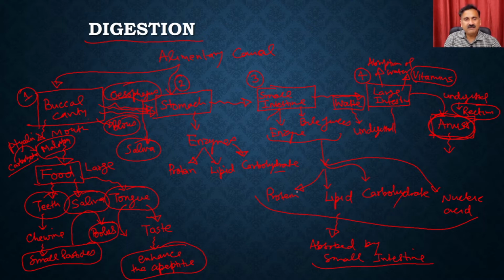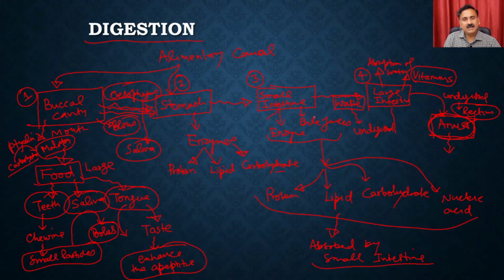have the extensive digestion of the protein, lipids, carbohydrates and nucleic acids, and here you are also going to have the absorption, right. So all the monomeric units produced in the small intestine are also going to be absorbed by the small intestine.